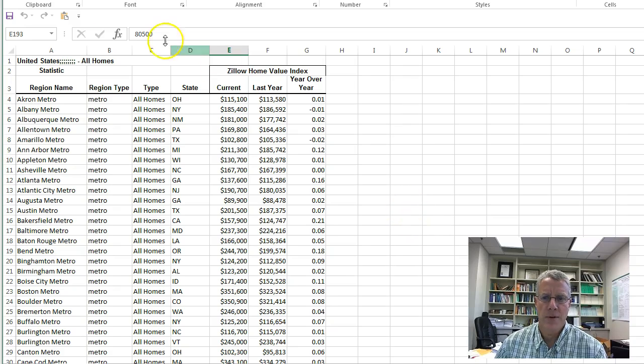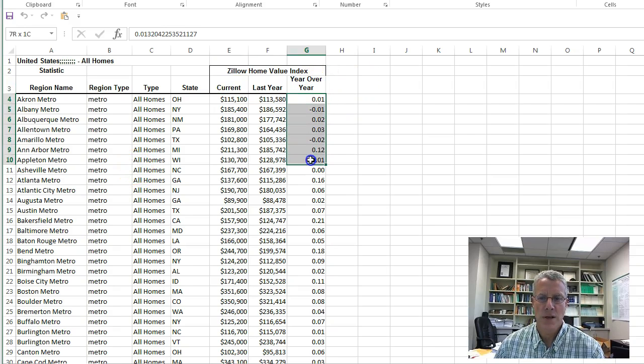And we have the home value index for last year and then the current home value index. The year-over-year change is this last column, but we won't be using that for this exercise. I think I downloaded these data about a year and a half ago maybe.